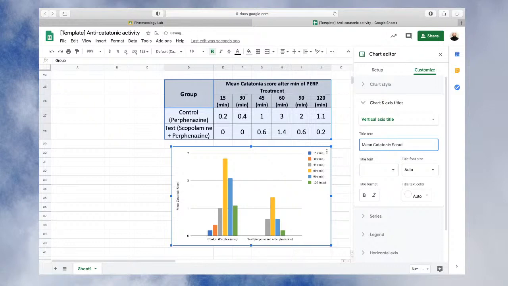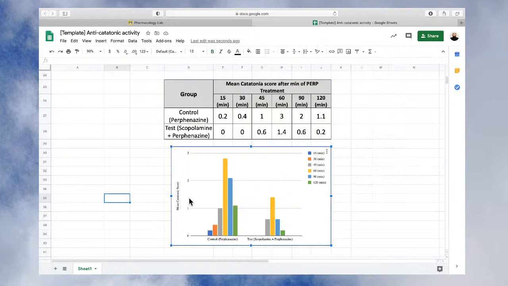So it is mean catatonic score, that is the y-axis. The moment I type here, you can see it comes on the y-axis. You can change the font size, you can change the font color, you can make use of the wonderful functions of Google Sheet to draw this graph. So I have drawn this graph, my y-axis is ready.